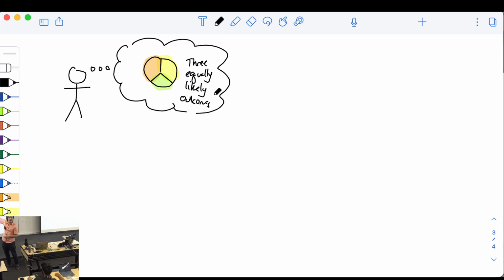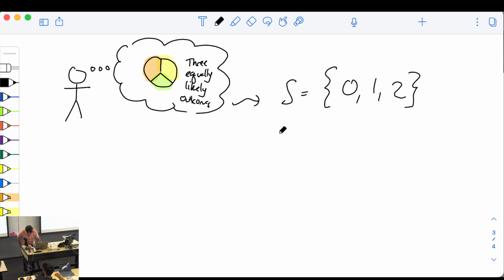The orange segment and the yellow segment, you can imagine a different universe where someone had cut them out and reversed them, and how the spins come out wouldn't change between our universe and their universe. So because these 3 things are kind of interchangeable, this is why we come up with the state space, which is either 0, 1, or 2, and importantly, with the probability rule, which is the equally likely rule.